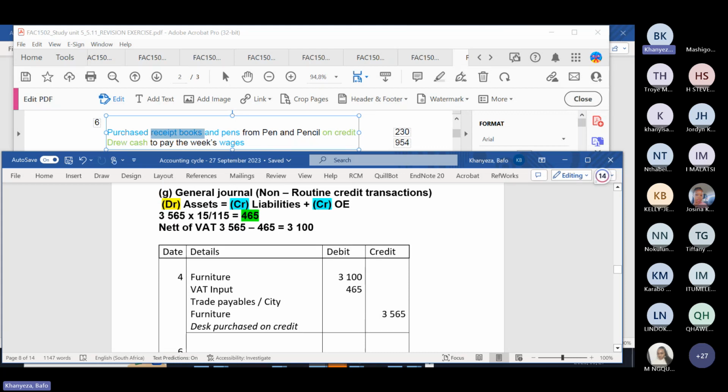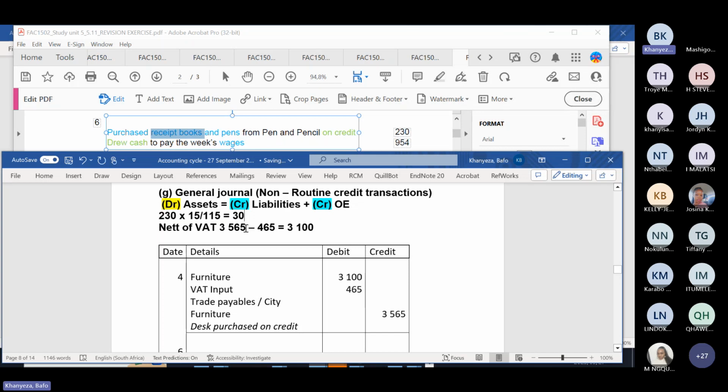I'll replace the figures just for simplicity. For the VAT, it's 230 times 15 over 115, which will give us 30.